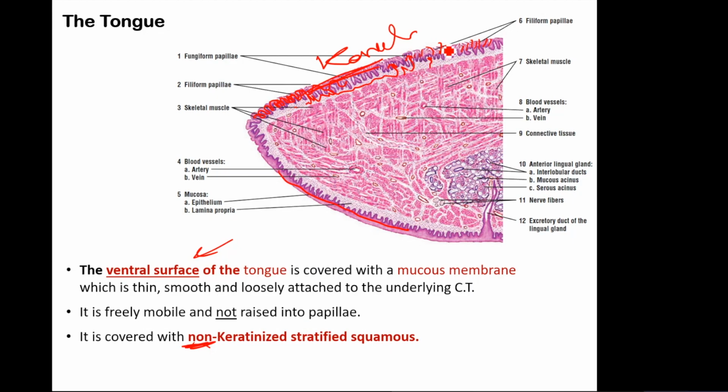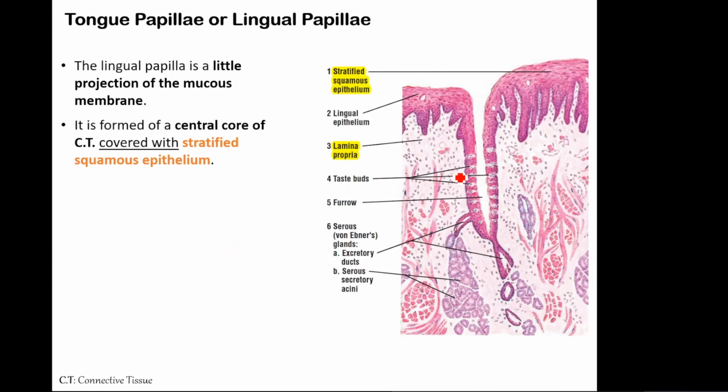So let us see what kind of structure these lingual papillae are. Here is a lingual papilla, regardless of its type. It's a little mucosal projection, formed by the lamina propria from below, covered by stratified squamous epithelium.